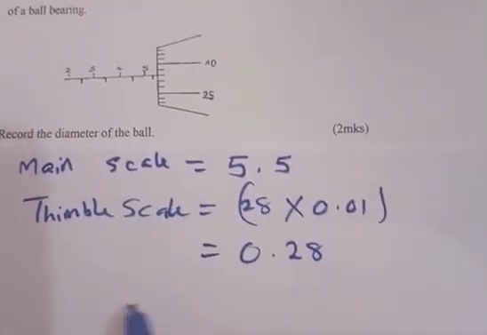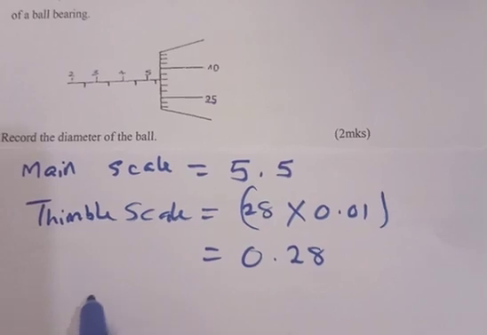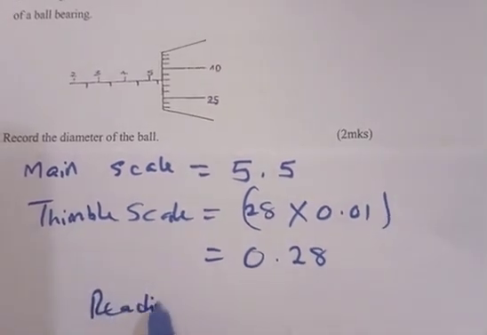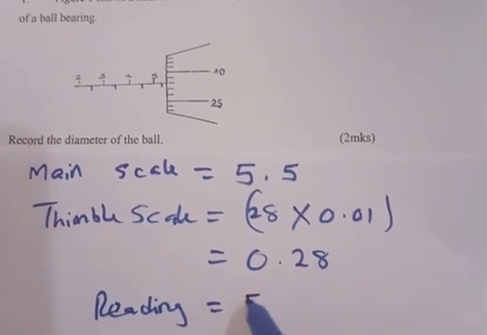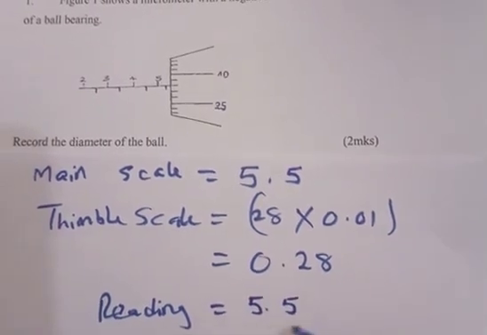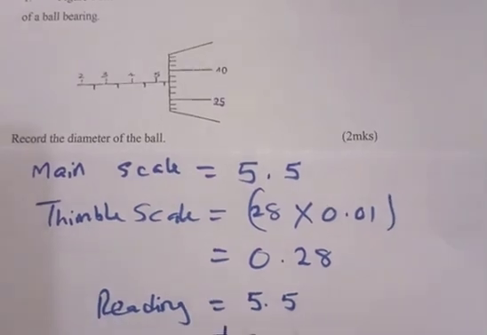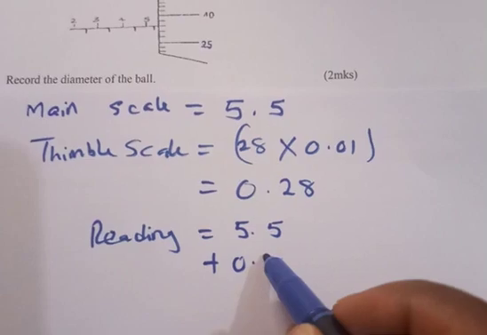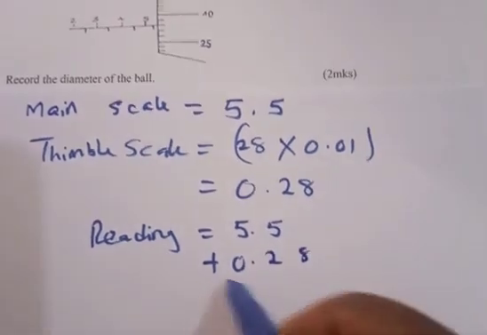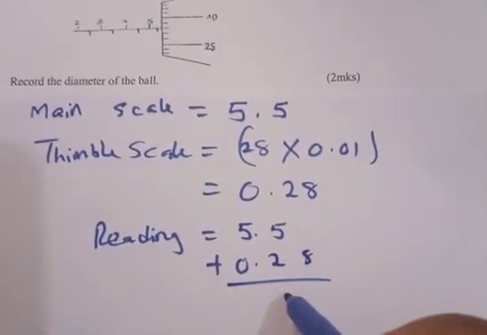And then to get the total reading, you are supposed to add up the main scale and the thimble scale, 5.5 plus 0.28, to obtain the final value, which will be 5.78.